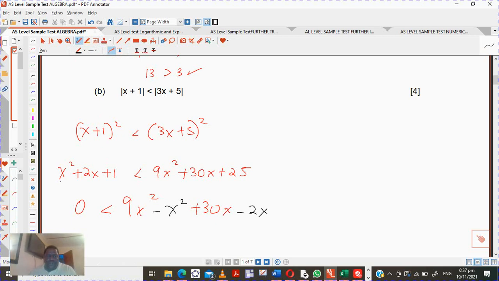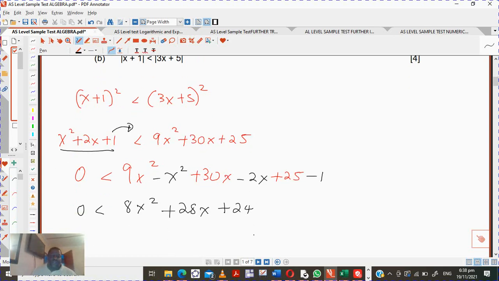Then I have 25 here, and I need to take away 1. So at the end of the day I'll be left with 0 less than 8x squared, that's 9x take away 1x, and 30 take away 2x is 28x, and 25 take away 1 gives you positive 24.